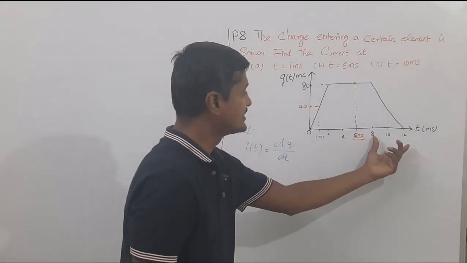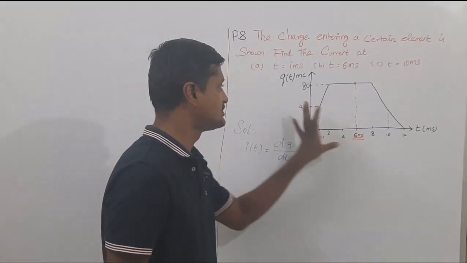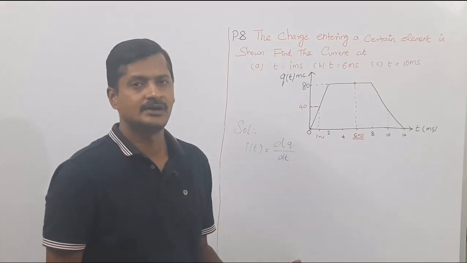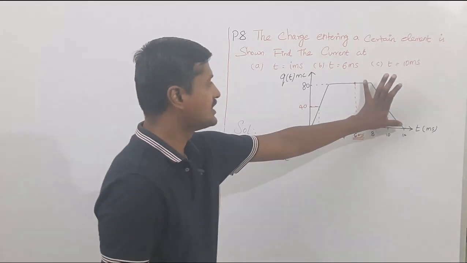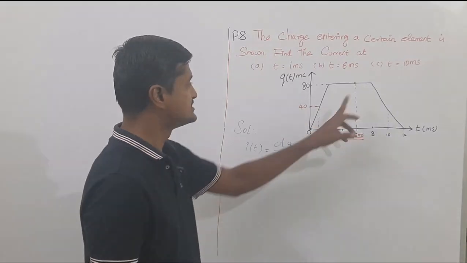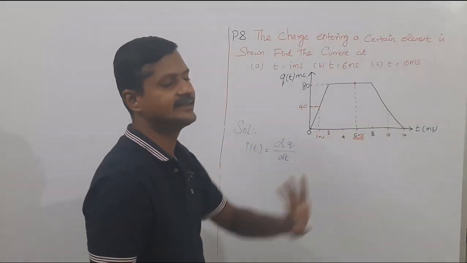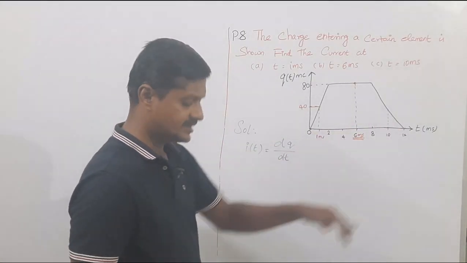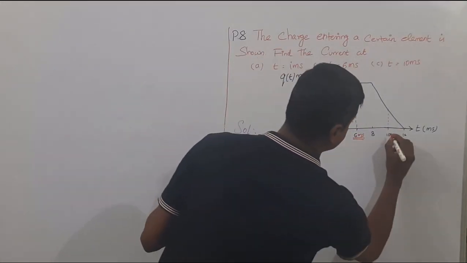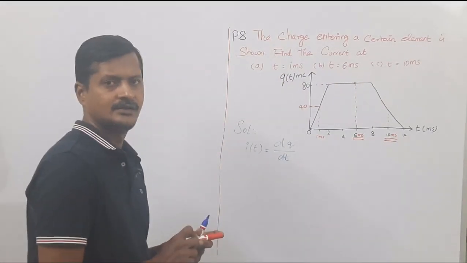But here we have 8, 10 and 12. So it is not possible to take the value directly as half. This is just a slope, so we have to apply the slope equation and find the charge at 10 millisecond, right?